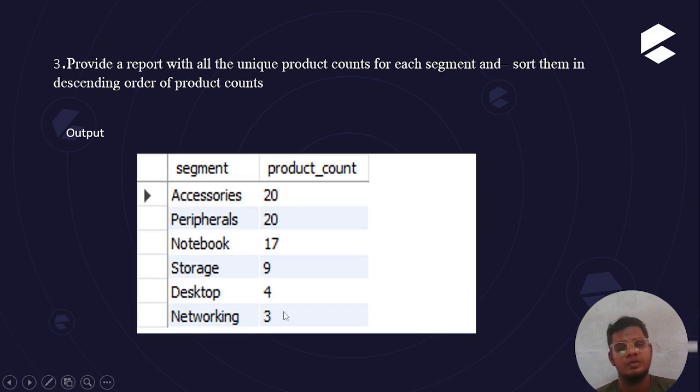You may ask why storage, desktop and networking have the minimal products?